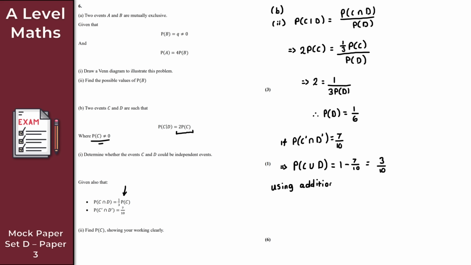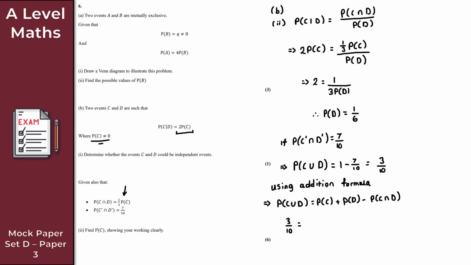So just in case you forgot it, the addition formula will be the probability of C union D is equal to the probability of C plus the probability of D, minus the probability of C intersection D, okay? So we know this here, that's 3 over 10, as we've just evaluated, right?